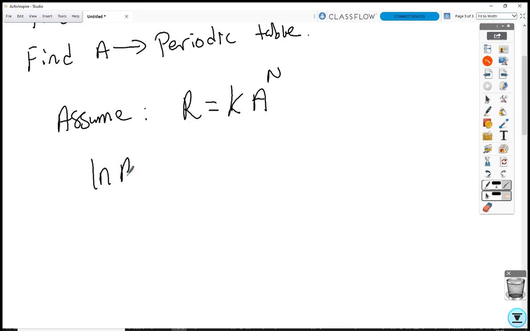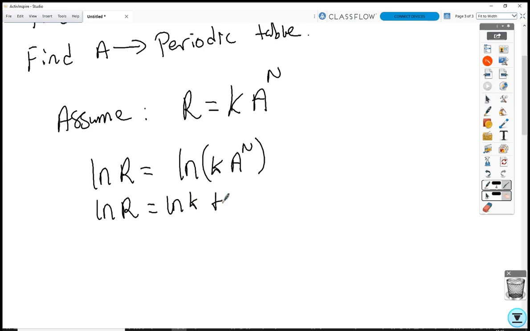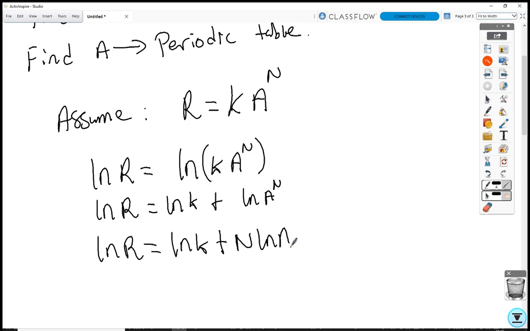So you've got ln R equals ln K A to the N. The K and the A will split and be two logs added together. So ln R is equal to ln K plus ln A to the N. The N will just come outside. So ln R is equal to ln K plus N ln A.